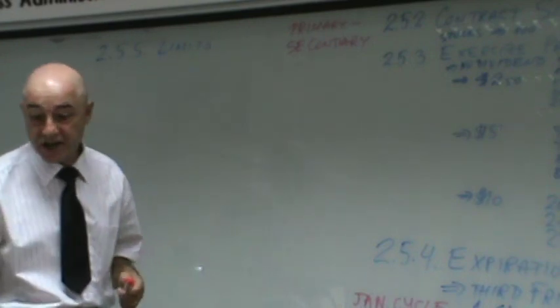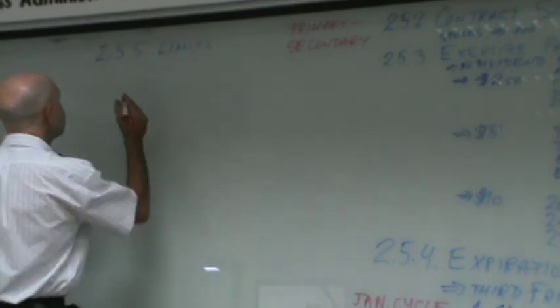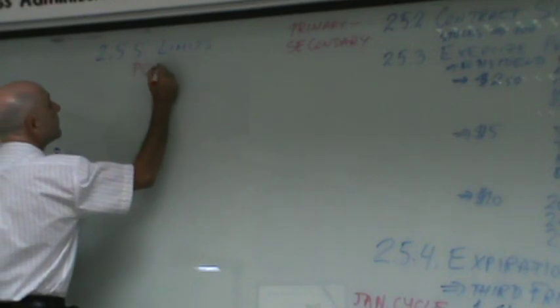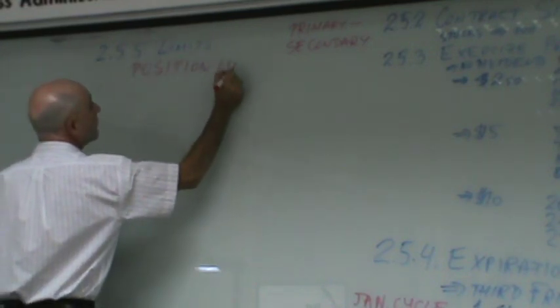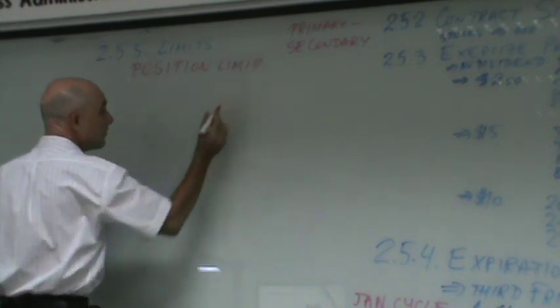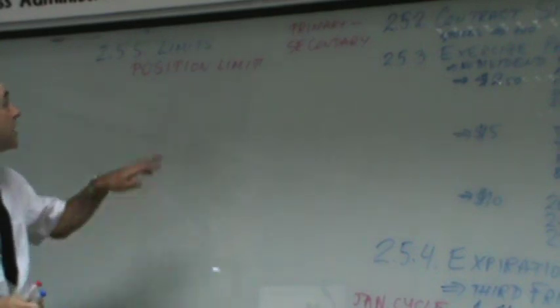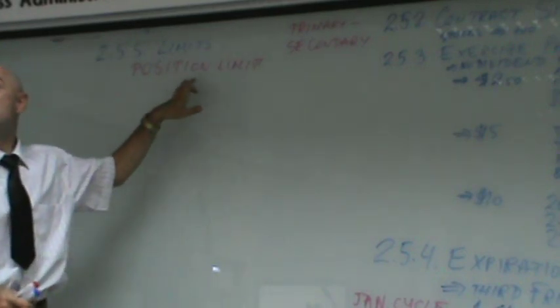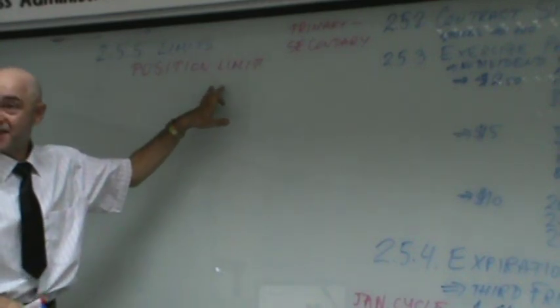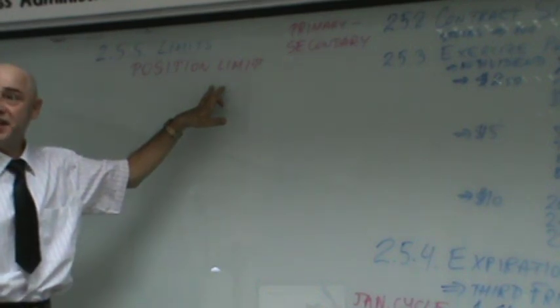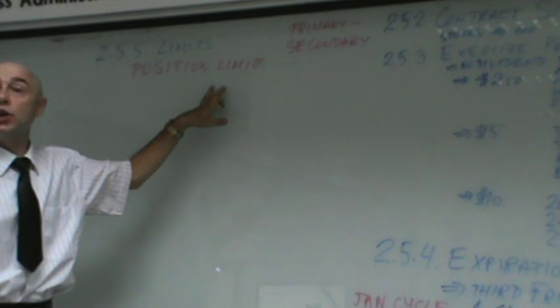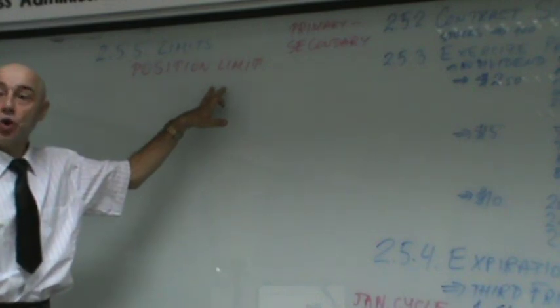There is a position limit, the maximum number of contracts that a person or entity can hold long or short.